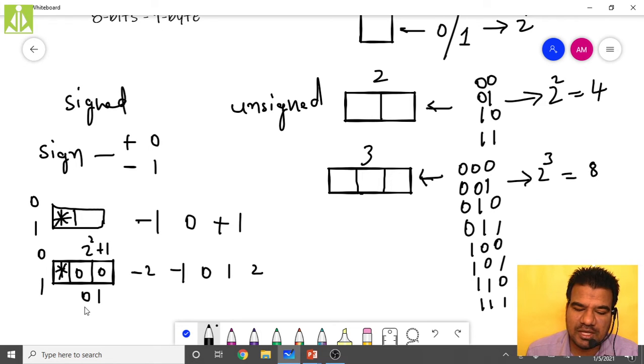What other possibility? After 0 1, 1 0. 1 0 means it is 2. Then 1 1 also we can store, right? So minus 3, here also plus 3 we can store.